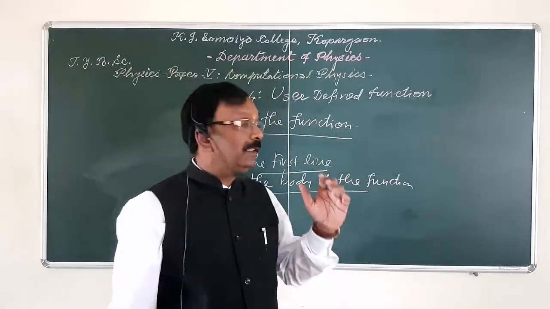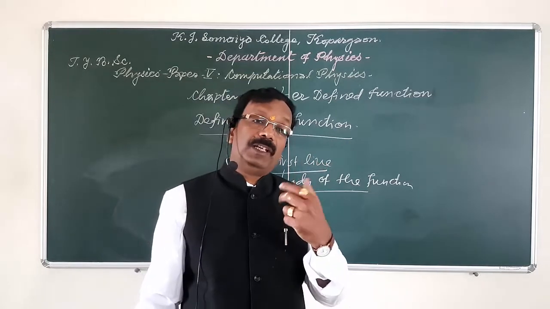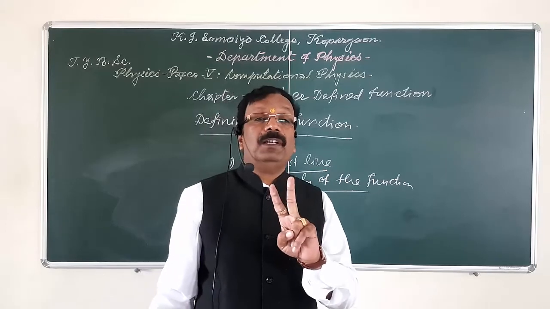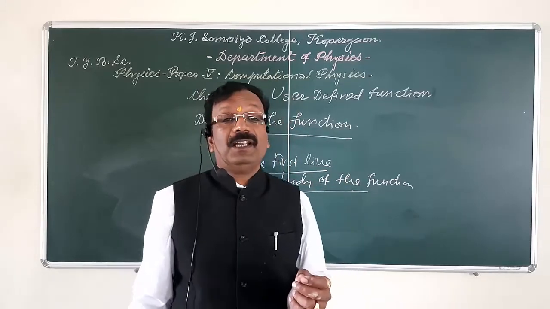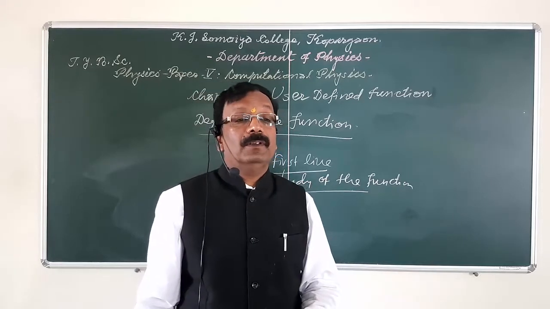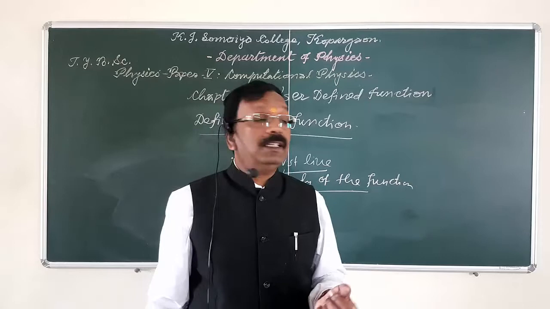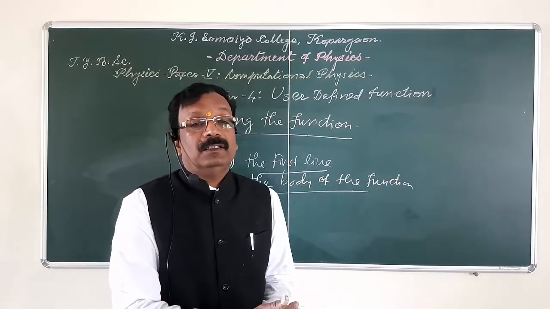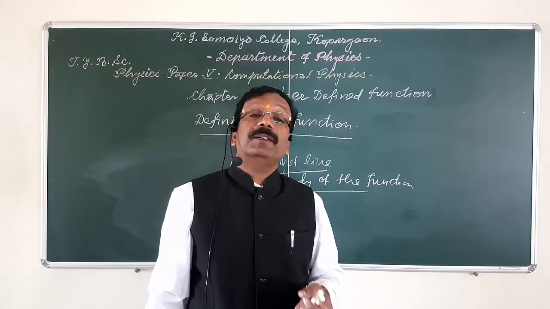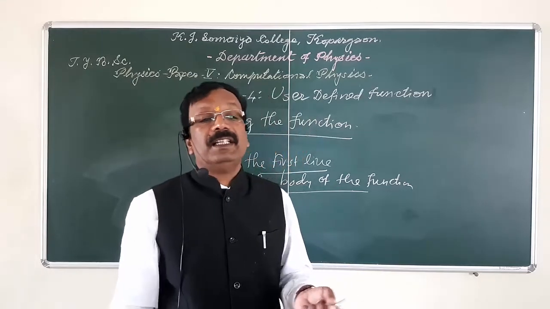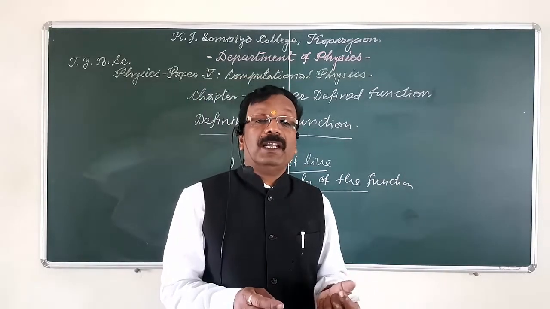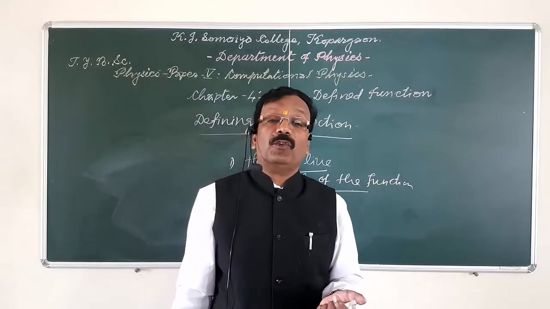When we are going to define the function, the definition has two principal components. The first one is the first line and the second part is the body of the function. The first line of the definition contains the type specification followed by the function name and set of arguments separated by commas and enclosed in parenthesis.